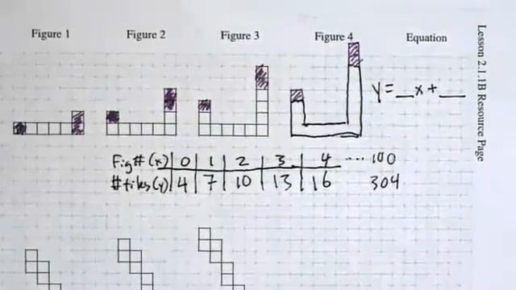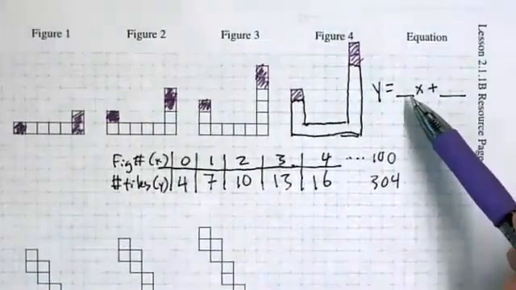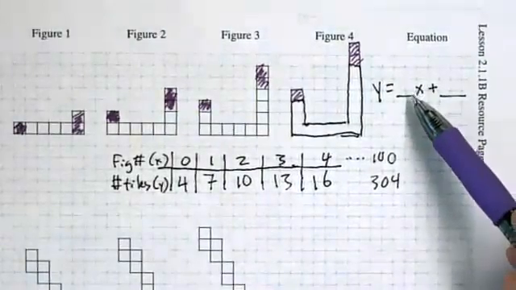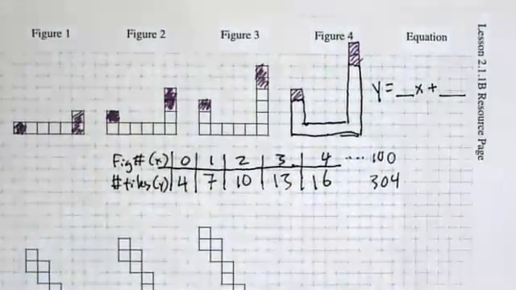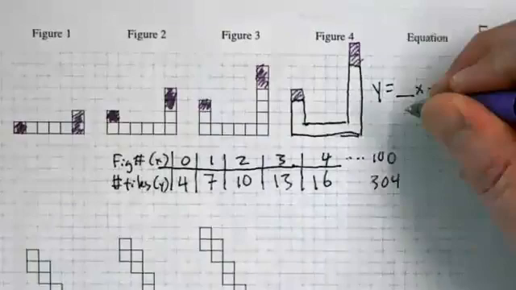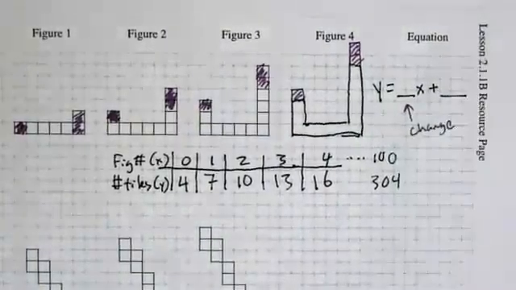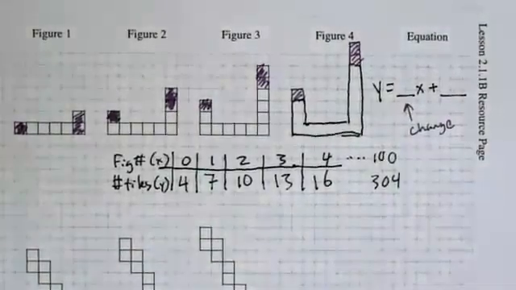Actually, I'm going to ask first, does anybody know what number is going to go in this spot right here? Well, let me show you how we're going to find it. So this spot right here is going to be the change. If I were to ask you in this situation, how much are we changing?